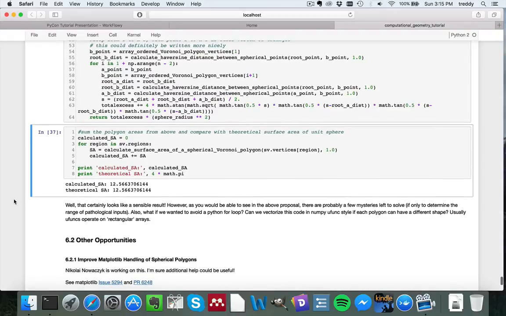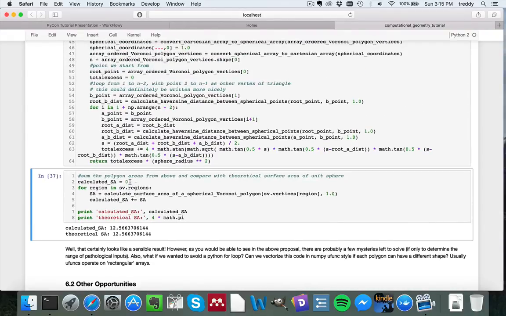And now we're going to go down here, and we're going to work with the regions that we had before, for the initial 600 input data points on a unit sphere. We're going to compare that with the theoretical surface area of a unit sphere, which is 4 times pi times the radius squared. So in this case, 4 times pi. We'll just recalculate that to make sure it's working properly. And in fact it is.